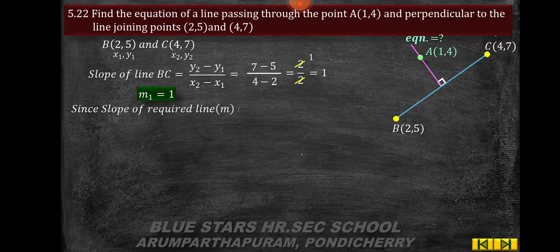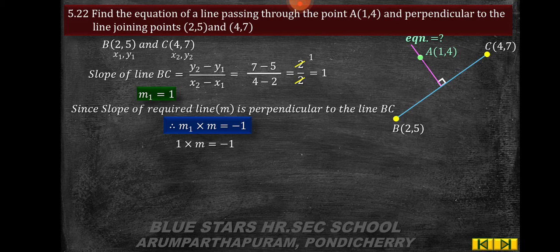Since the slope of the required line m is perpendicular to the line BC, therefore m1 cross m, or otherwise m1 cross m2, is equal to -1. So you know the value of m1 is 1, so 1 cross m is equal to -1, which implies m is equal to -1.